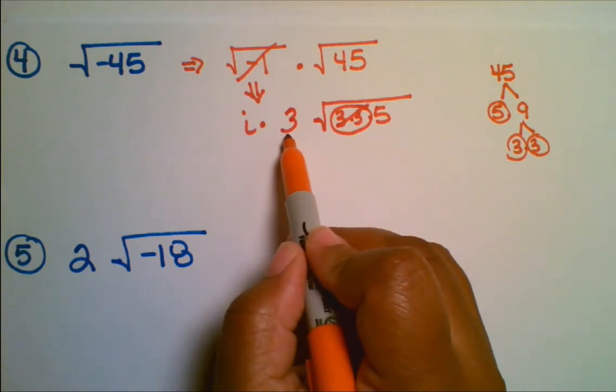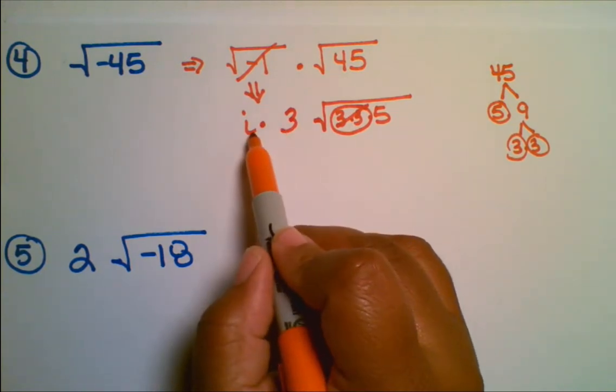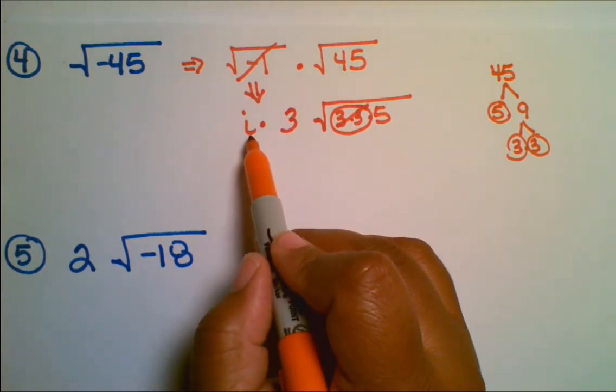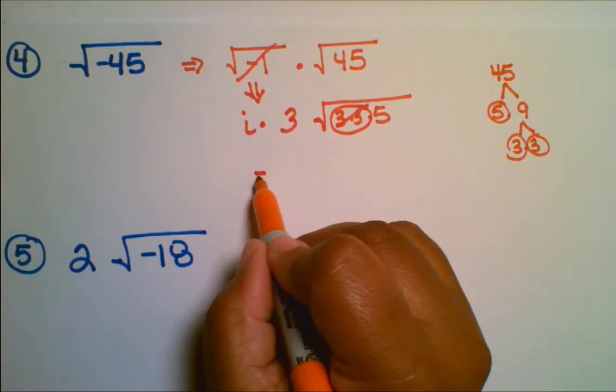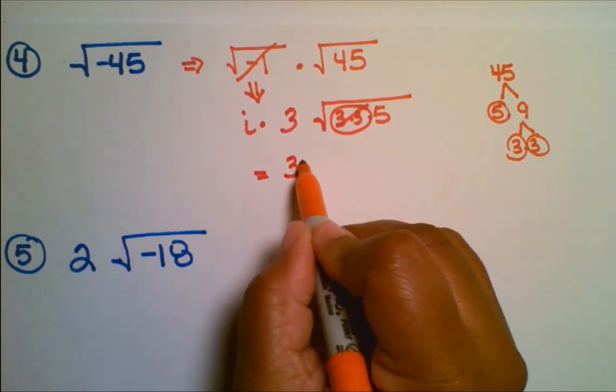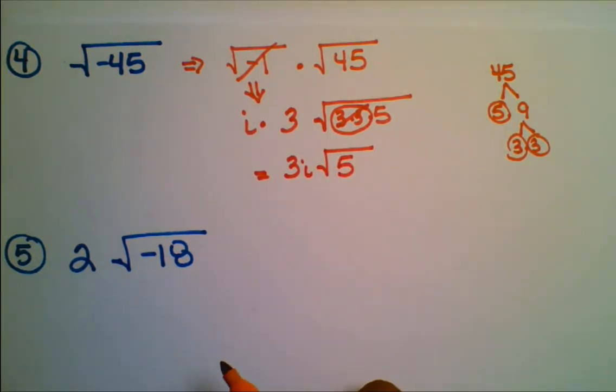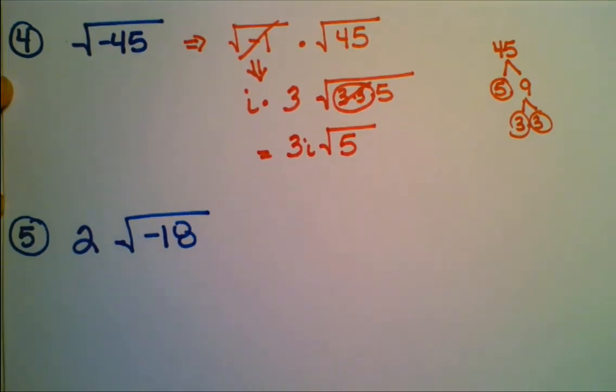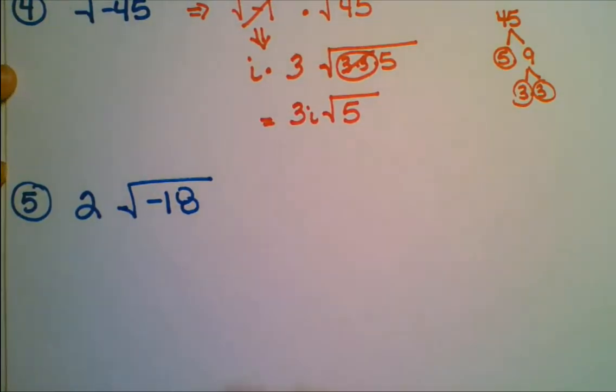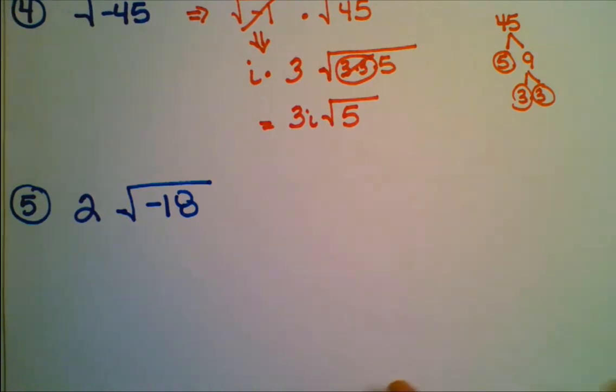With the 3 being on the outside and the imaginary unit i being on the outside, our solution is 3i square root of 5. And that is all we can do. We've done everything possible.